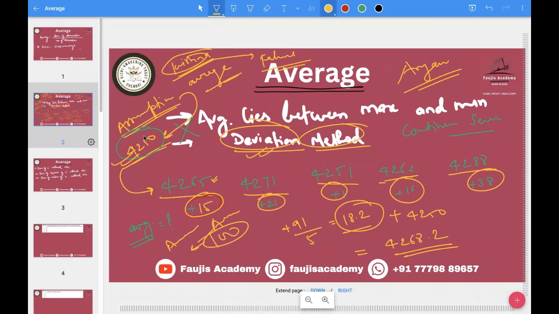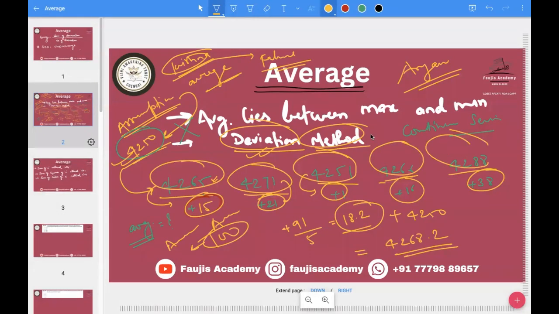Your observation was pretty much spot on, Krishna. Absolutely, no doubt about it. But this was an assumed number. We wanted to find the deviation. What it saves you from is all this cumbersome calculation of adding all these big numbers over here.